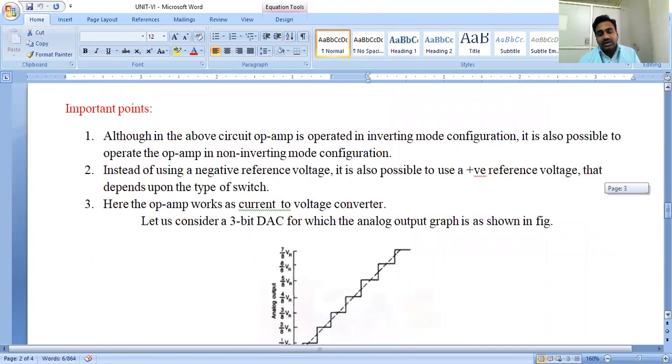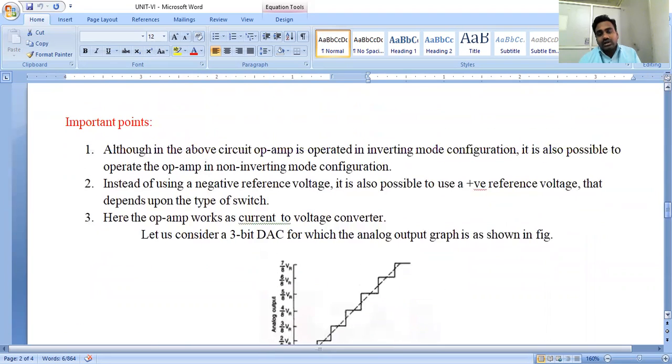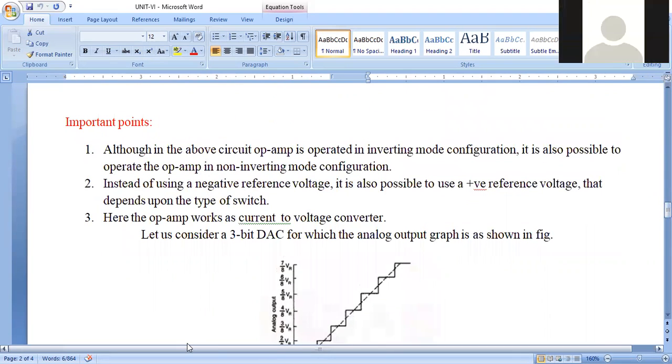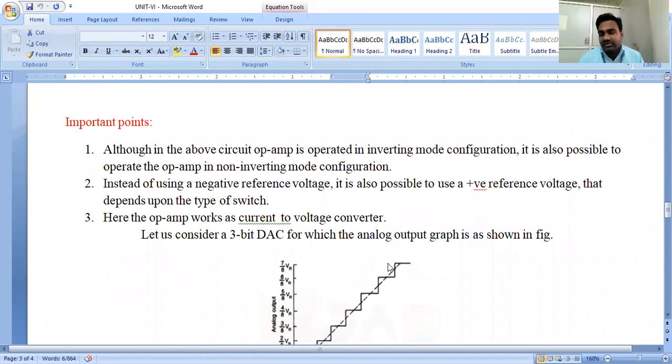If we analyze the important points which we discussed with respect to weighted resistor type digital to analog conversion, the above circuit is proposed in an inverting configuration, but it is also possible to operate in a non-inverting configuration. We just designed the circuit in the inverting configuration, which also helps us analyze the non-inverting configuration. Why are we using the inverting configuration?